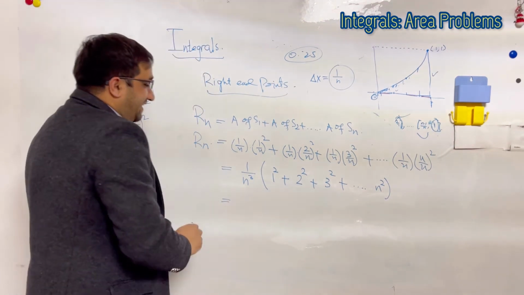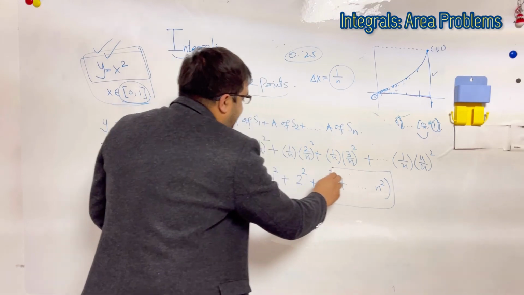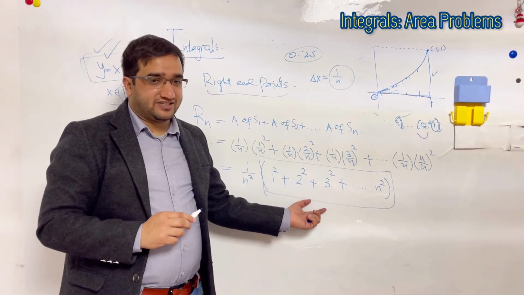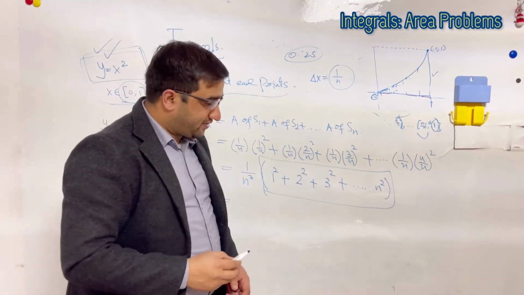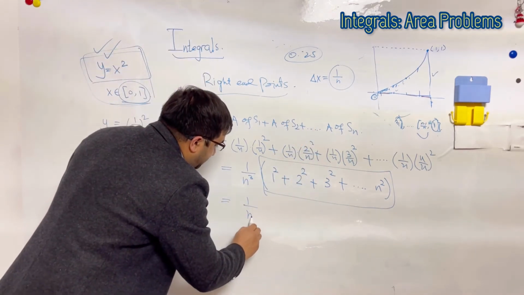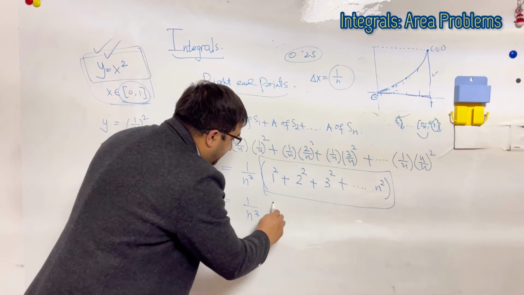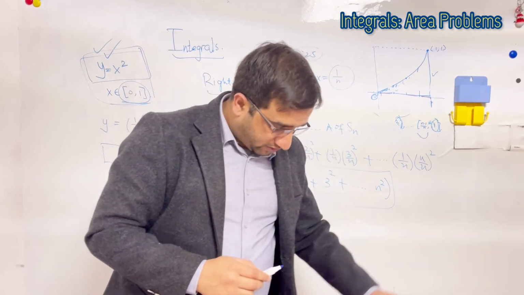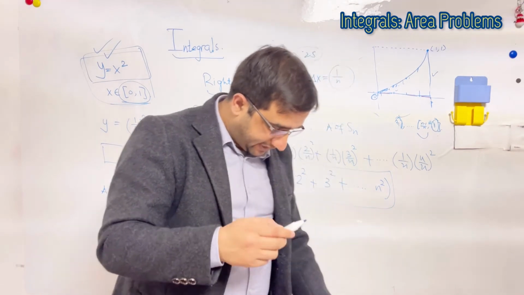Good. Now this is already proved: the sum of squares of first n integers has a generalized formula, and you don't need to prove it. That is a theorem already proven by somebody.